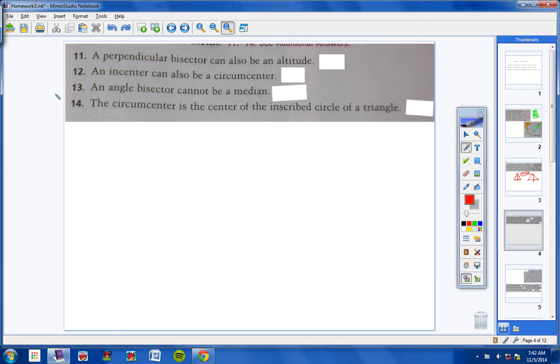A circumcenter is the point where your perpendicular bisectors intersect. So it's possible for your three perpendicular bisectors and your three angle bisectors to all intersect in one point. And I say yes, it is definitely possible. Okay, that would be true. Let me show you how.